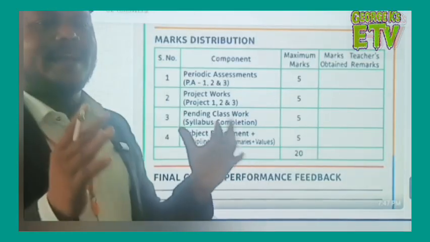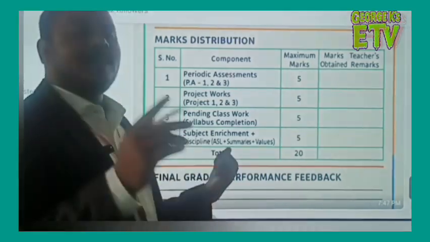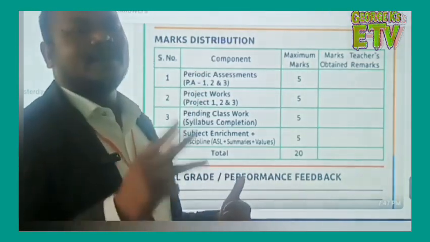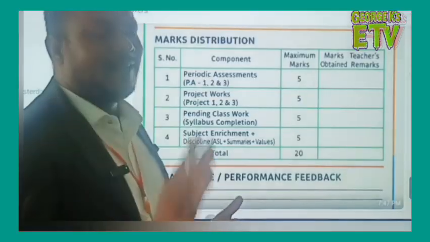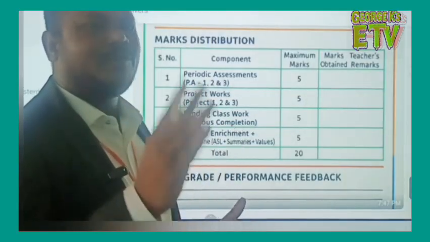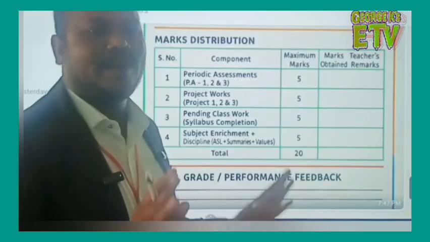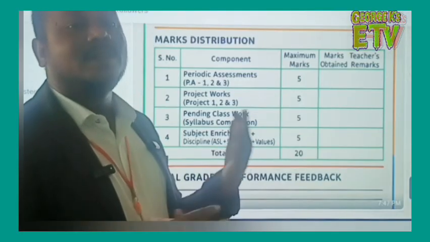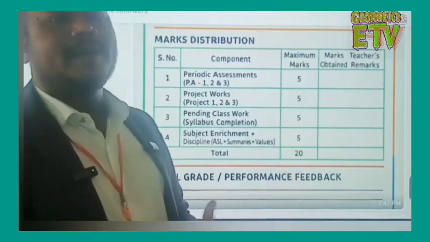In subject enrichment activity, you have to write 3 seminars and present them as assessment of speaking and listening, ASL, plus DMV. That's nothing but discipline and moral values that you have to practice and present from the learnings you made from different lessons throughout your textbook.